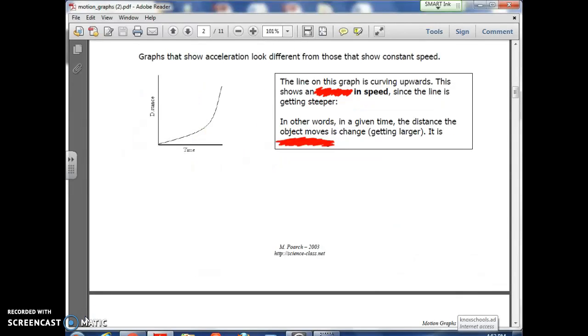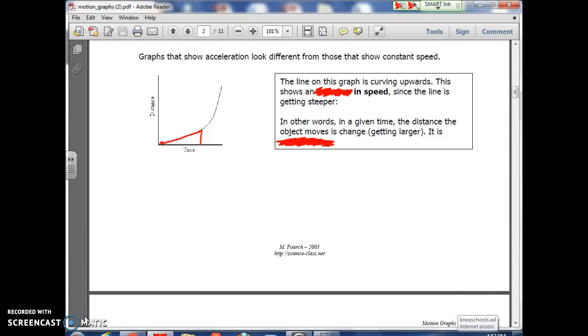Okay, so let's look at the very bottom graph now, and let's see if we can figure out what this line is showing. Here we have a constant speed. Then we hit about here, something happens to our speed. If it's getting steeper, what is happening to our speed?